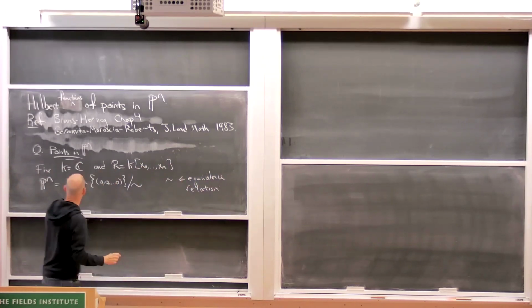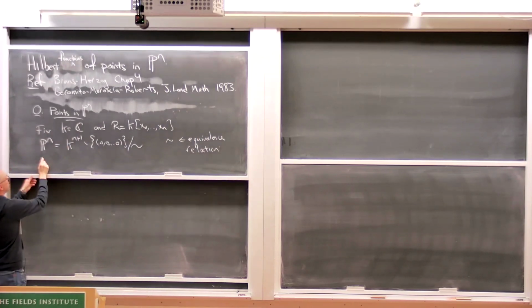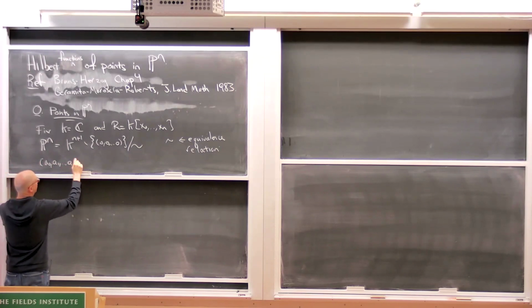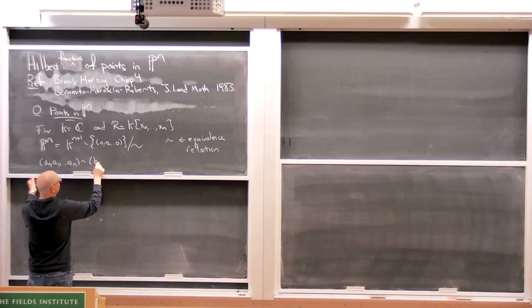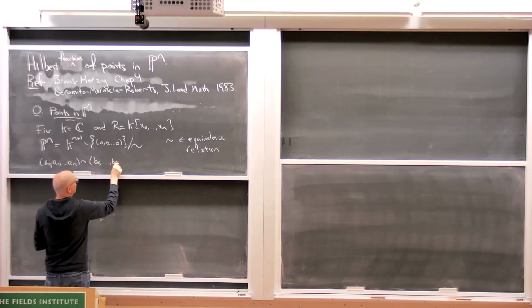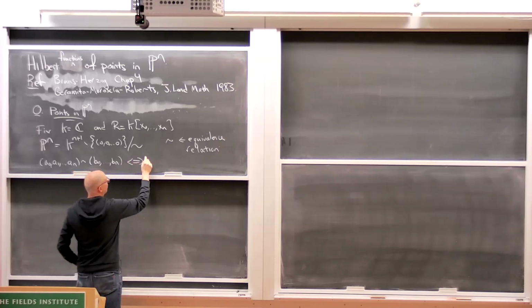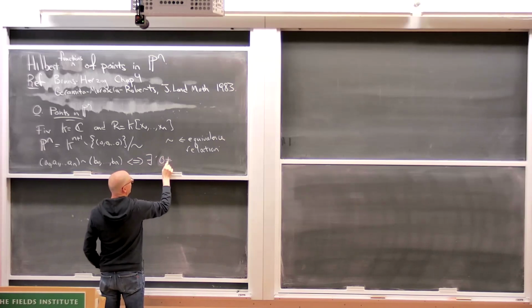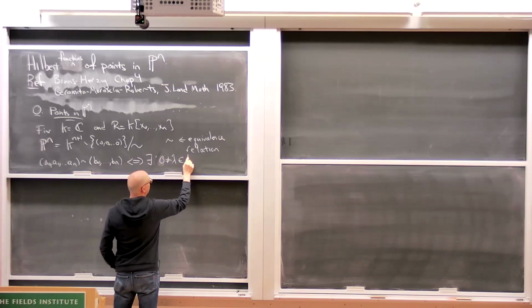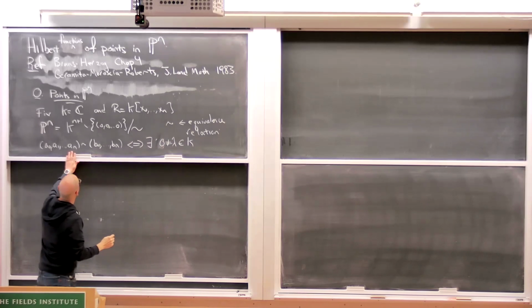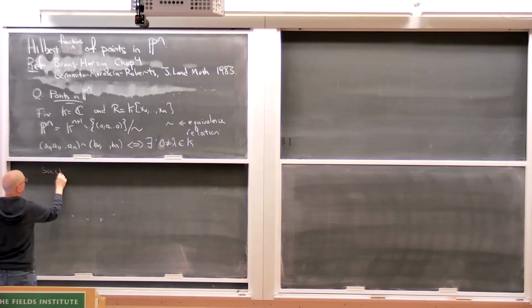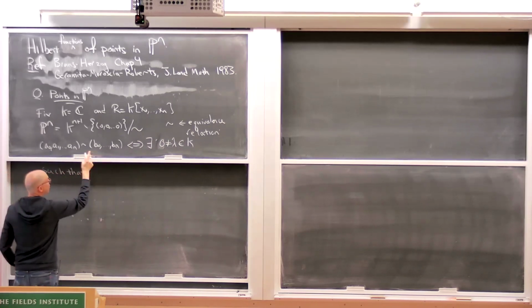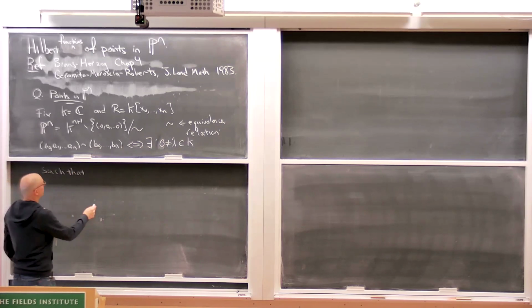And how does this equivalence relation work? Well, we say the n+1 tuple A0, A1, up to An is equivalent to the tuple B0 up to Bn if and only if there exists some, I guess it has to be non-zero, element lambda in my field K, such that the first tuple is a scalar multiple of the second tuple.